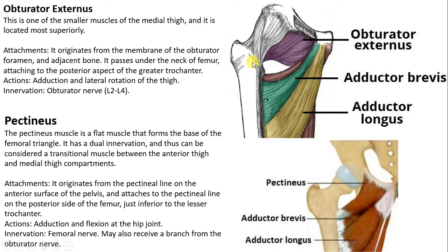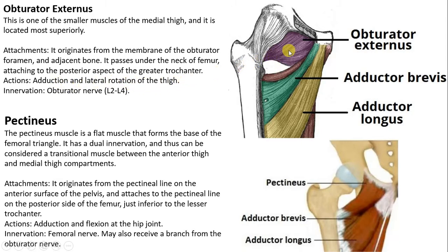If we see its fibers, when it acts, it will try to pull the femur medially, that is adduction of the thigh. It originates from the membrane of the obturator foramen and adjacent bone, passes under the neck of the femur, and attaches to the posterior aspect of the greater trochanter. So the action is adduction and lateral rotation.